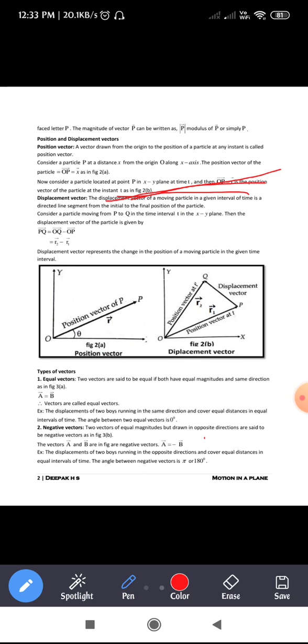And the angle between the two vectors in the case of negative vectors is always 180 degree, 180 degree in terms of angle, pi in terms of radians. So this is regarding equal vectors and negative vectors.